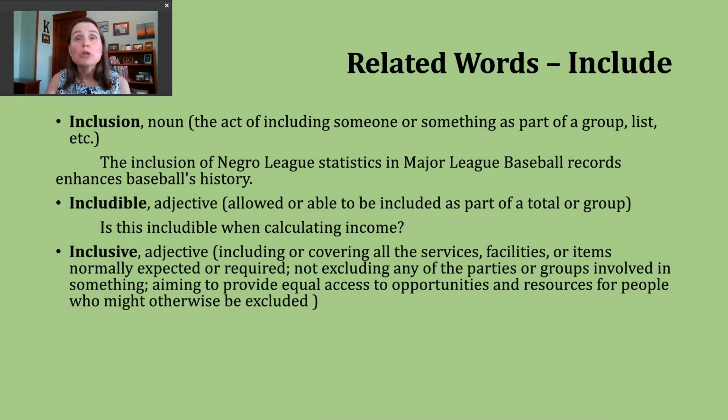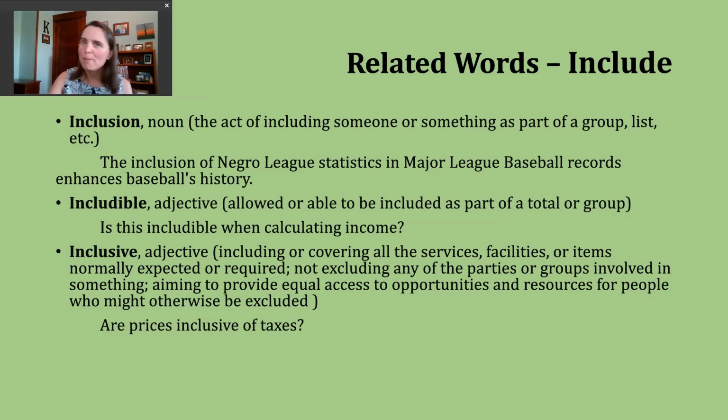Another related word you might encounter is the adjective inclusive. This adjective can have a number of different meanings. We're going to talk about 3 of them today. The first way to use the adjective inclusive means including or covering all of the services, all of the facilities, all of the items that are normally expected or required.